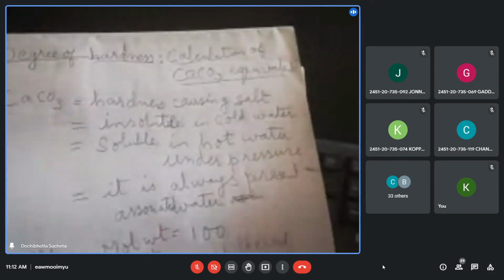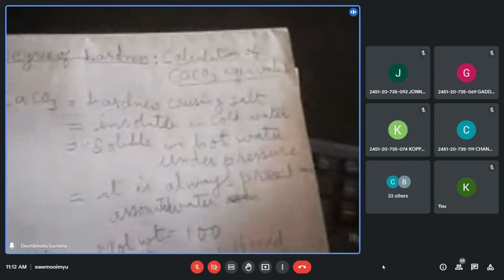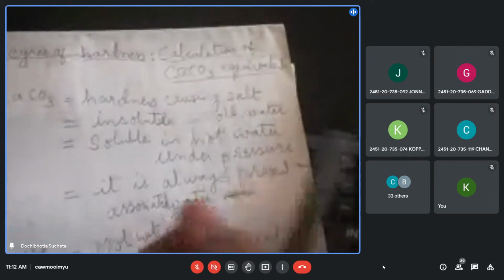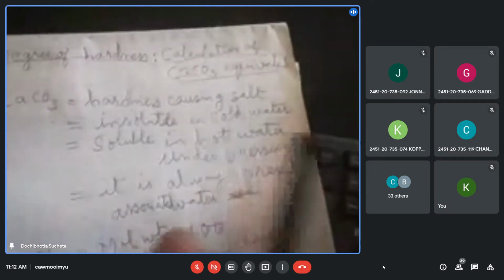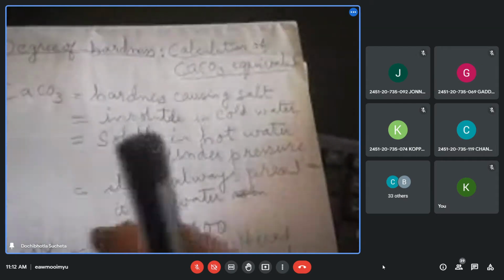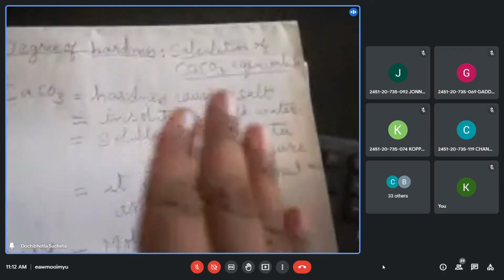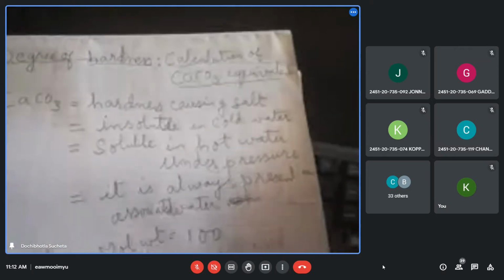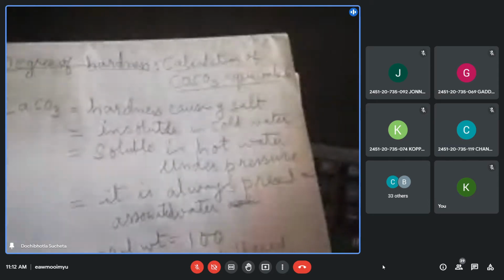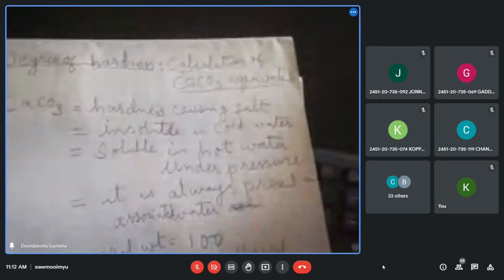They claimed that the sludge, a combination of calcium carbonate and magnesium hydroxide, is the product of calcium bicarbonate and magnesium bicarbonate, which were dissolved in that hard water sample.